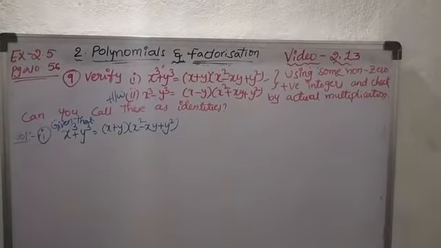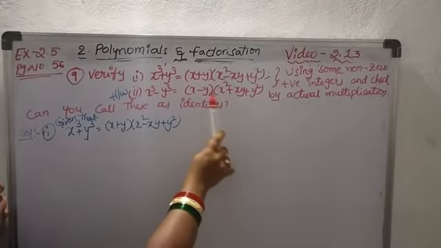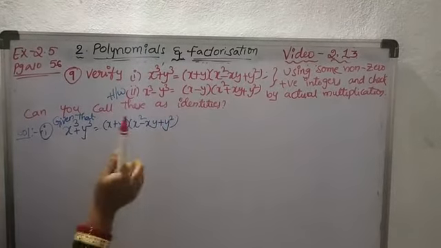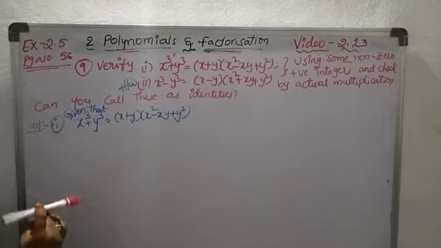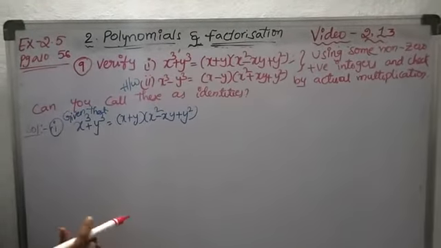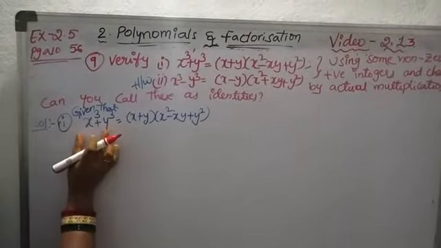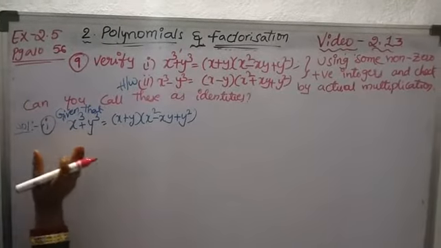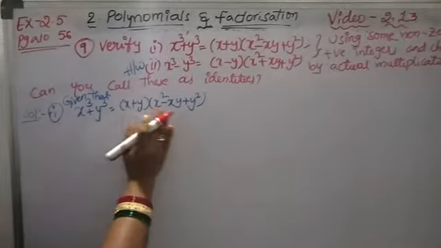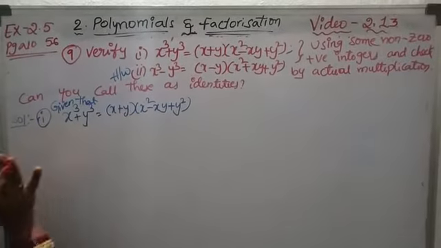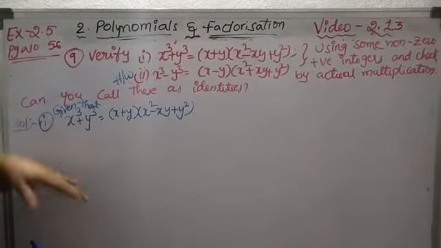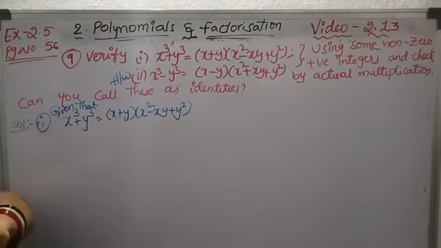Okay. Now the 9th one. Here in the question they are asking to substitute any two non-zero positive integers. Non-zero positive integers means 1, 2, 3, 4, 5 like that. Substitute any two values in the place of x and y. You will get the same answer for LHS and RHS. Both are equal. And you have to go through the actual multiplication method also.